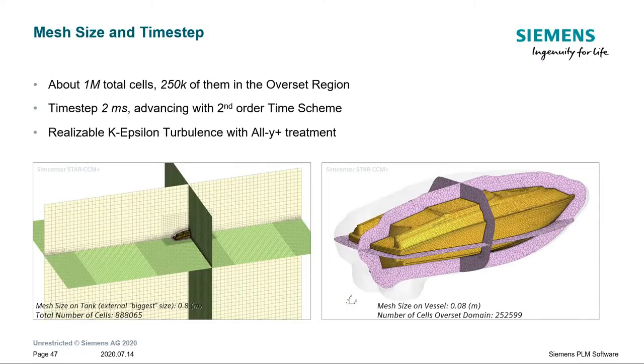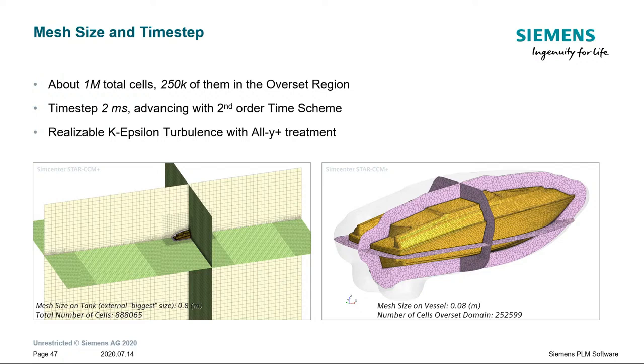Concerning the setup of the mesh and physics, here I have a mesh that after the adaptive mesh refinement step is of about 1 million total cells, so it's quite small. About a quarter of these cells are in the overset region. The time step is 2 milliseconds.